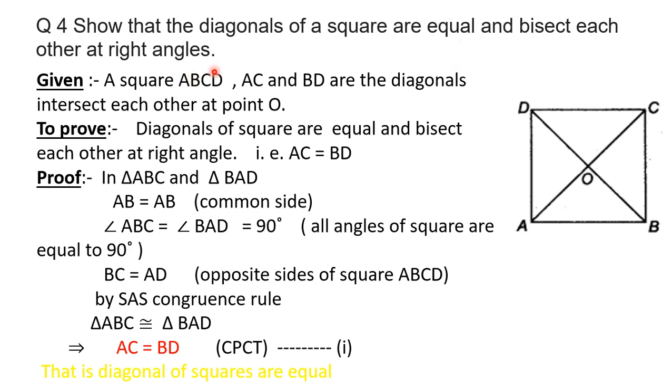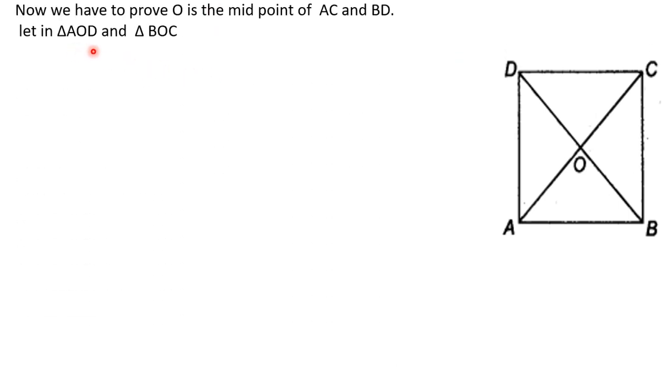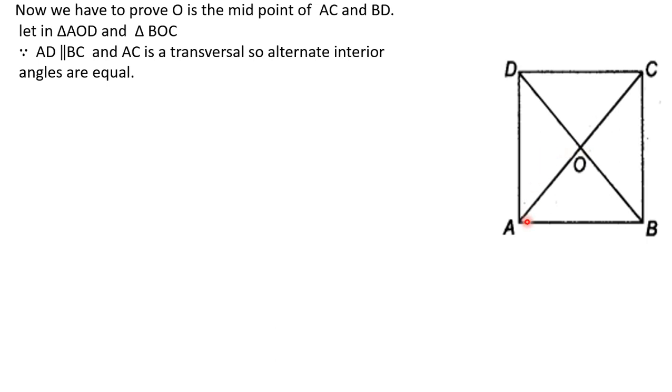That means diagonals bisect each other at 90 degree. We have to prove now. So for this, we take the triangle AOD and the triangle BOC. In these two triangles, we have as AD is parallel to BC and this AC is the transversal.